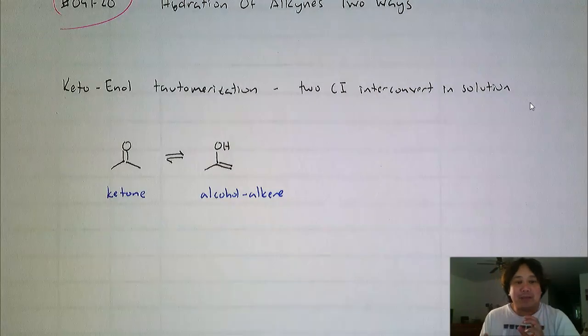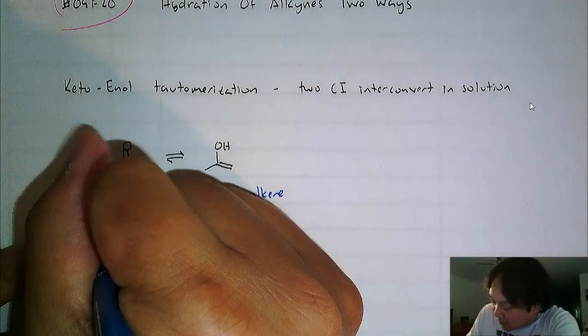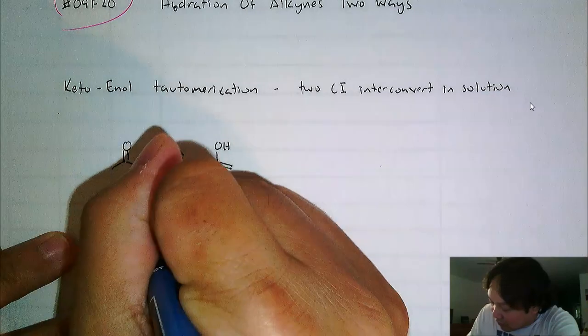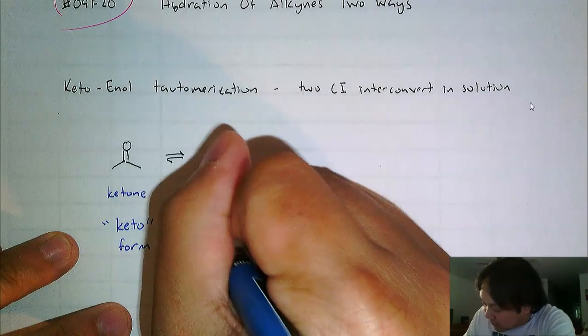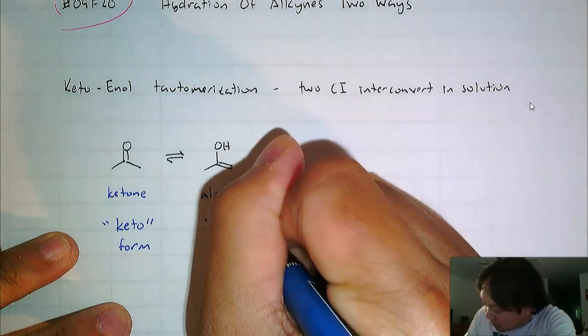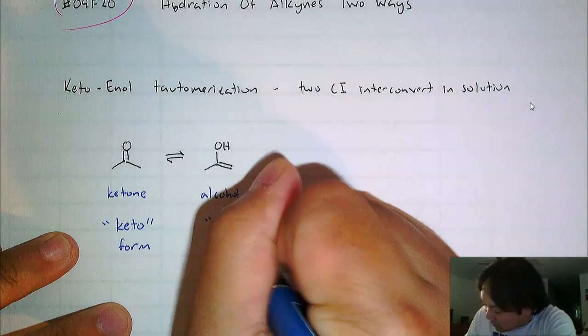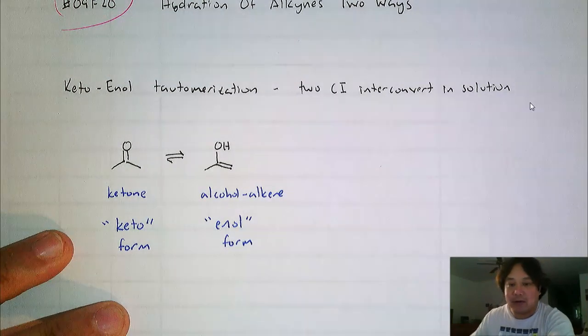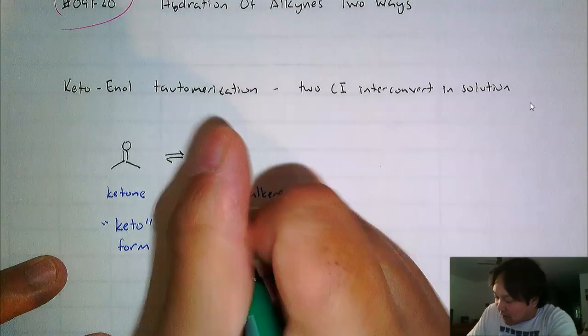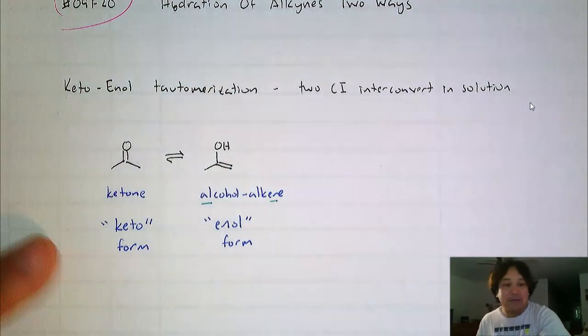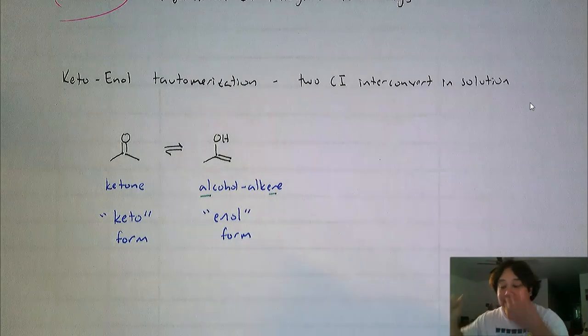But they shorten the names, and we're going to call this the keto form, and this is the enol form. You see where they got the name enol for alkene, alcohol, enol. Okay. And this happens in solution.